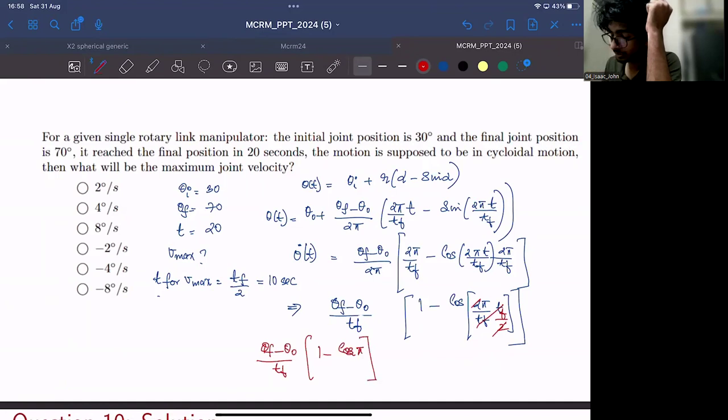So cos pi is minus 1, right? So this entire term will become 2. If you substitute, your final answer will be (70 minus 30) by 20, into 2. So this is 4 degrees per second. That is your maximum velocity.